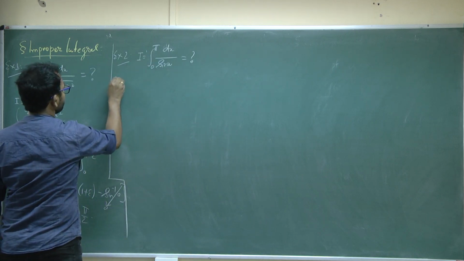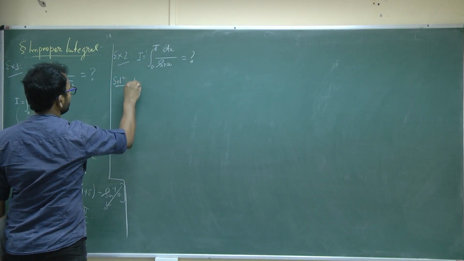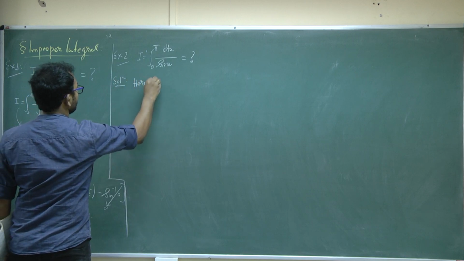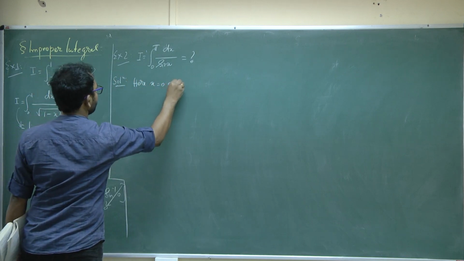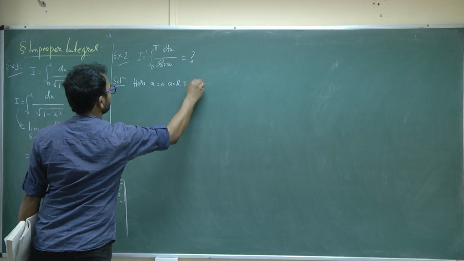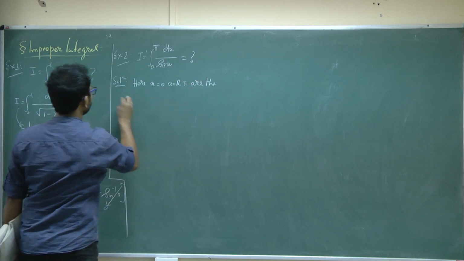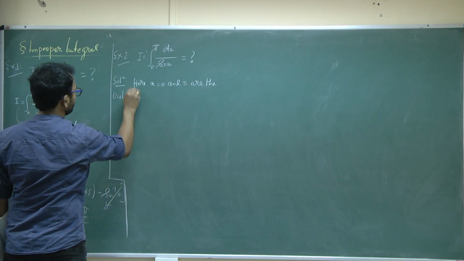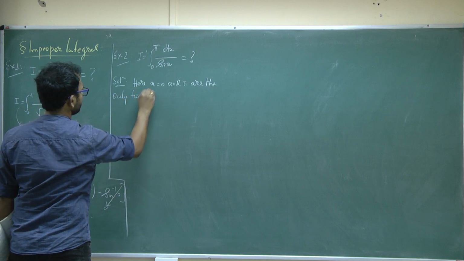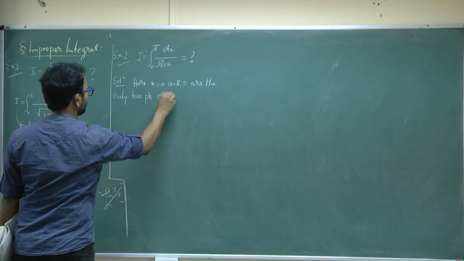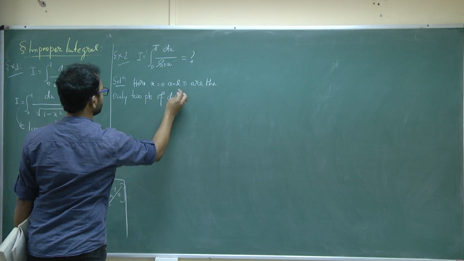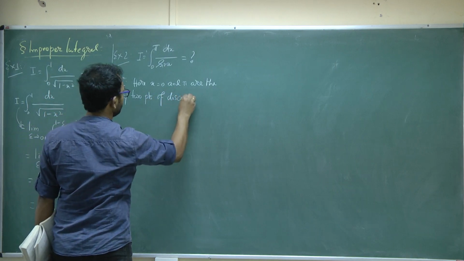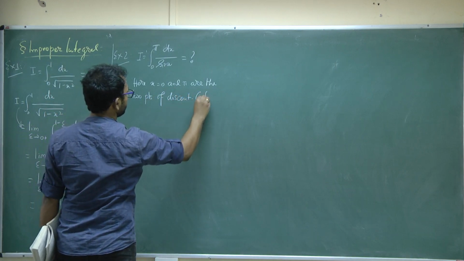So solution, here x equals to 0 and pi are the only 2 points of infinite discontinuity.